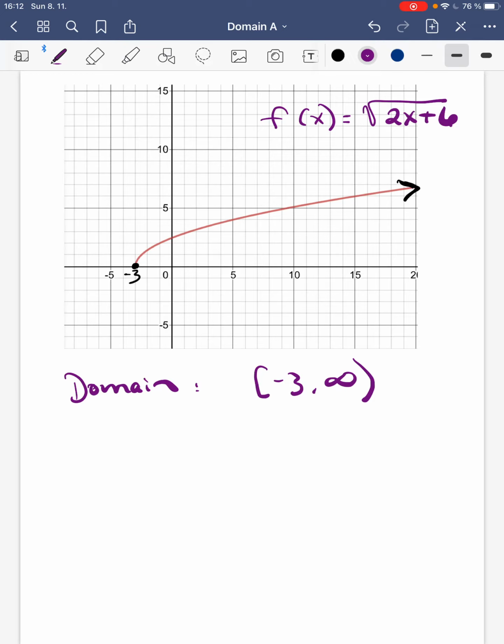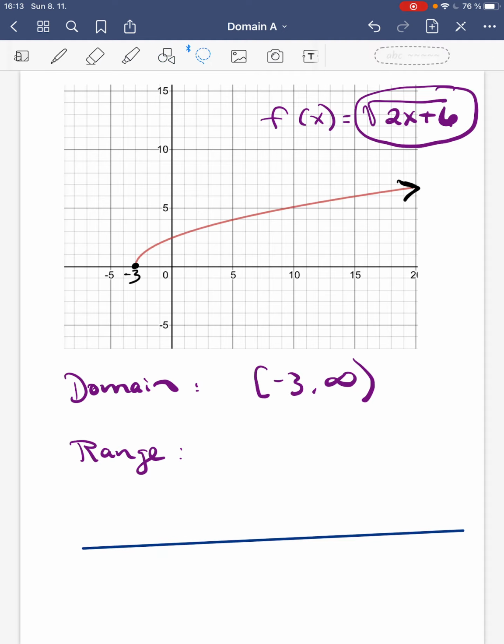Well, for this kind of problem, it's easier just to look at the graph. I mean, you can use common sense and say, well, the smallest that this can be is 0, and I don't have anything added or subtracted to it, so I know that the smallest it's going to be is 0. But you can just look at the graph.